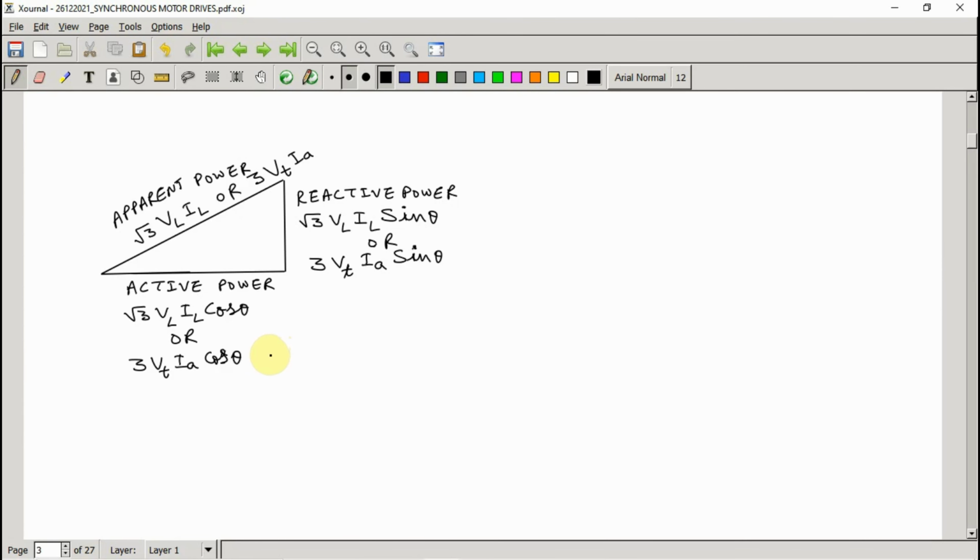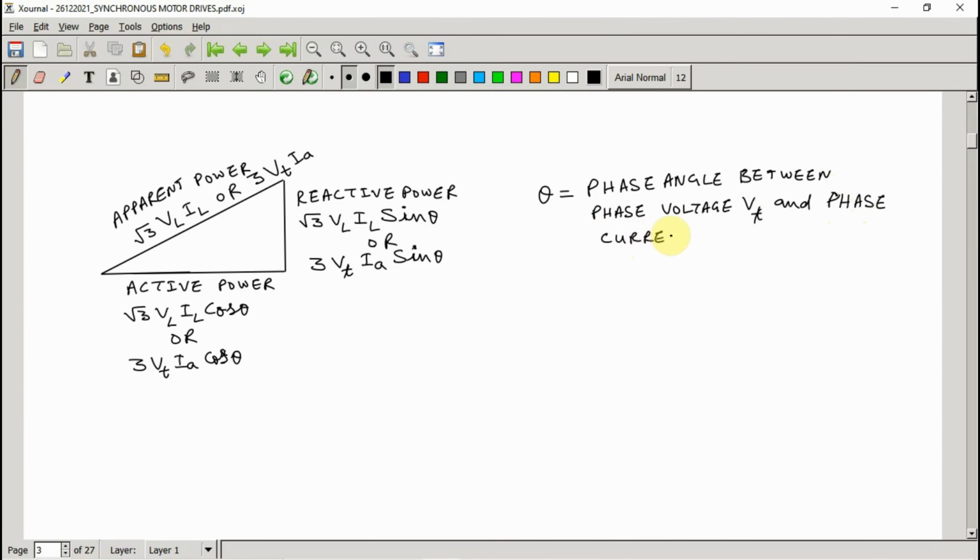So we should remember that here theta equals the time phase angle, or simply the phase angle between phase voltage Vt and phase current IA.